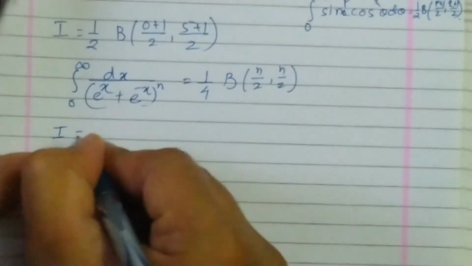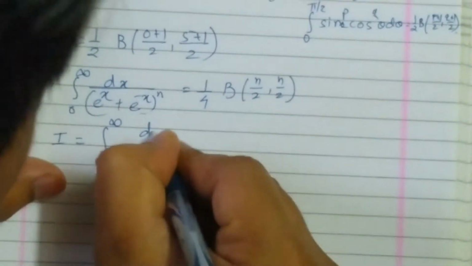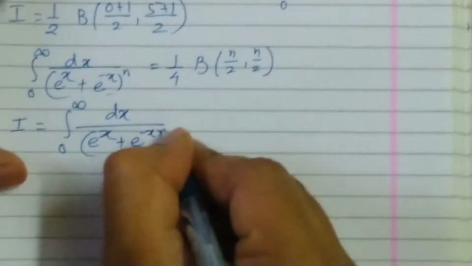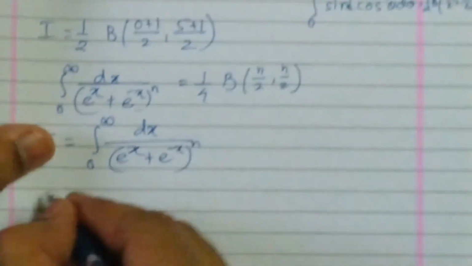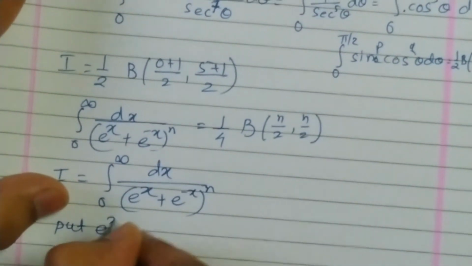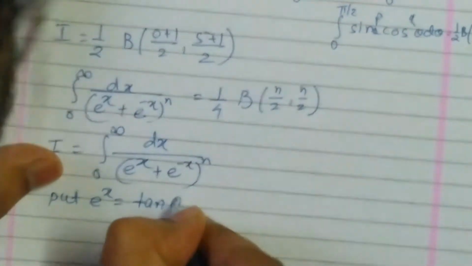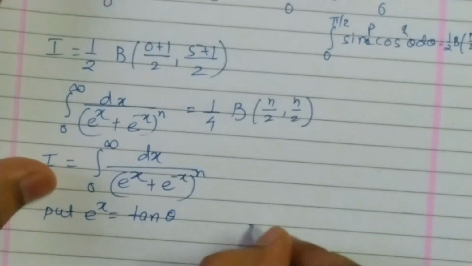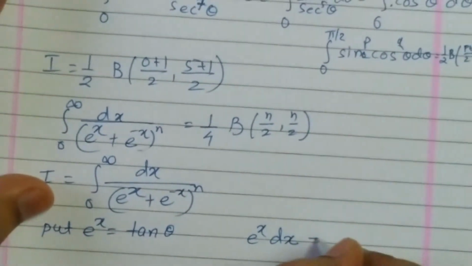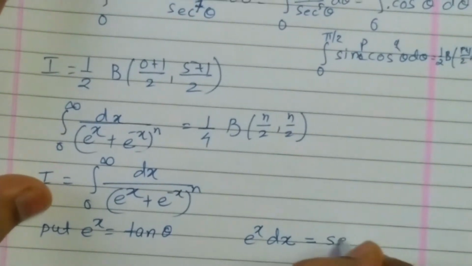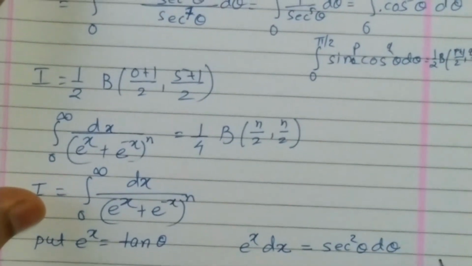My integral I is integration from 0 to infinity dx upon e raised to x plus e raised to minus x bracket raised to n. For this, put e raised to x as tan theta only. So e raised to x dx is equal to sec square theta d theta.